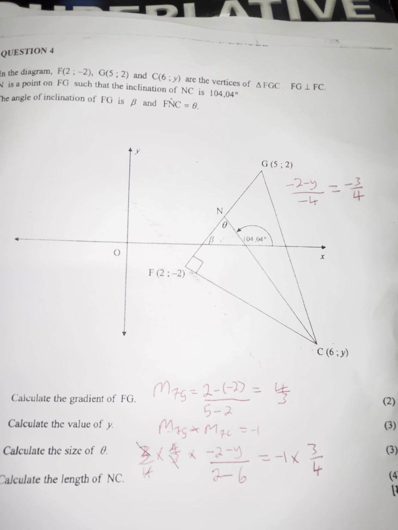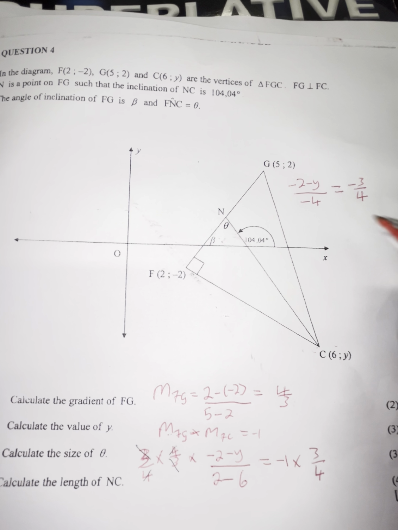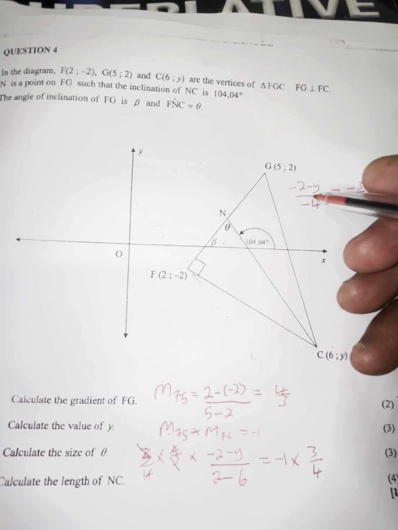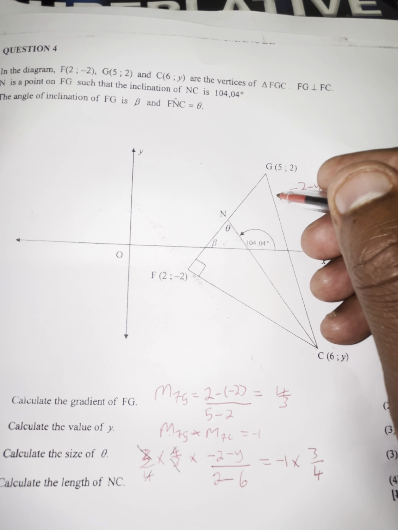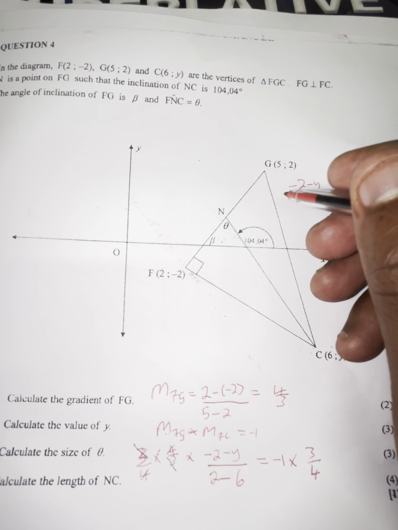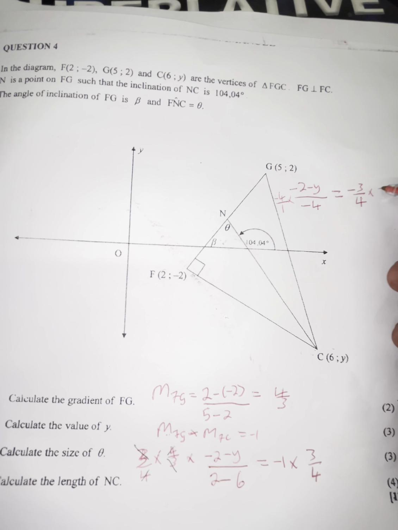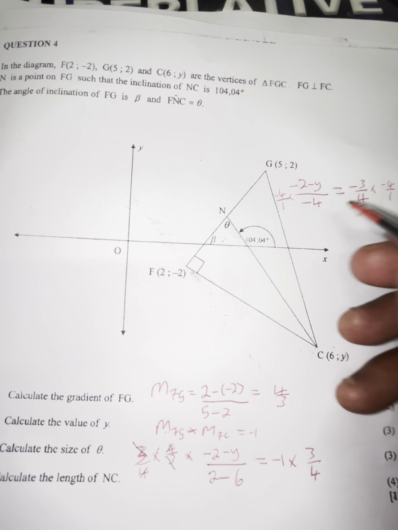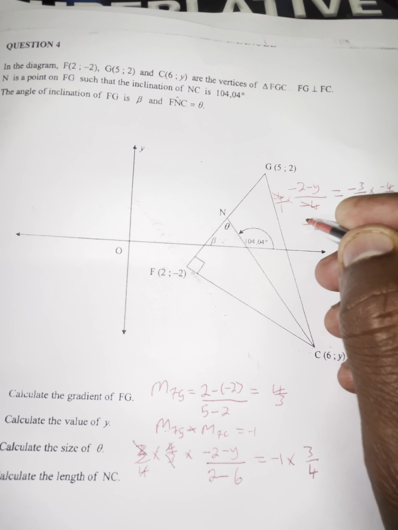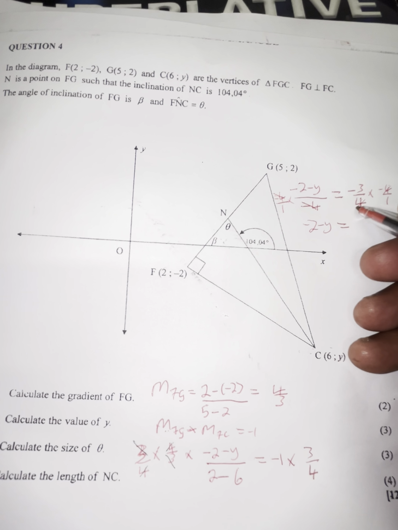You can do the cross multiplication, or multiply both sides by negative 4 divided by 1. Here you remain with negative 2 minus y, equals, this will cancel, we remain with 3.